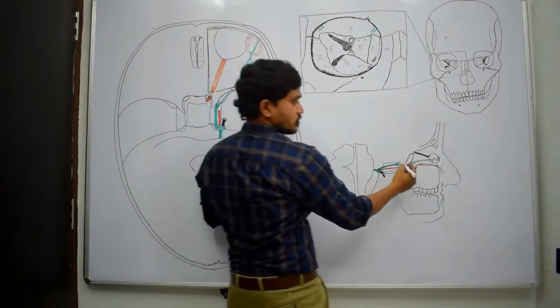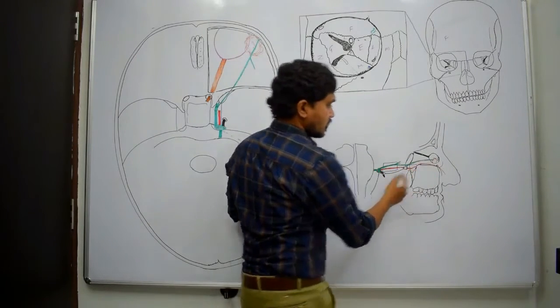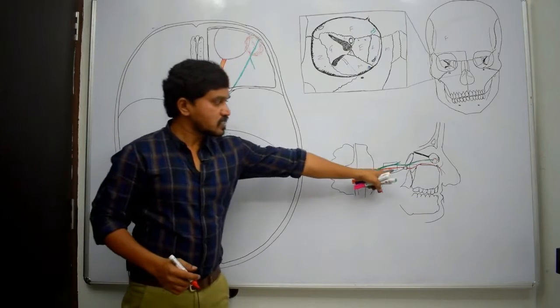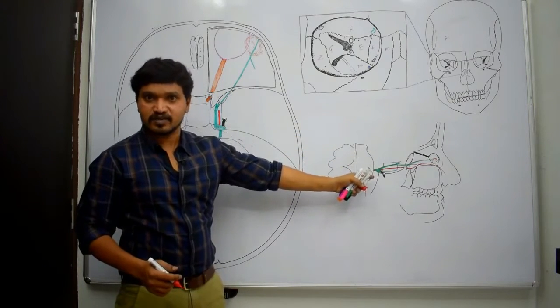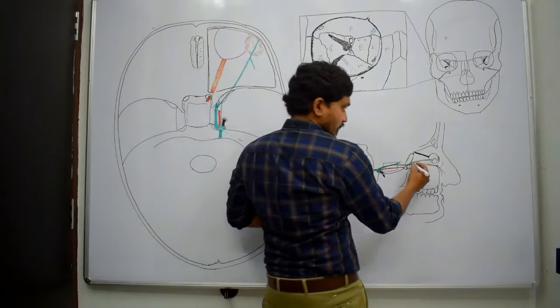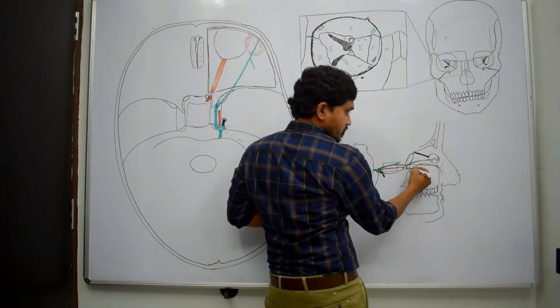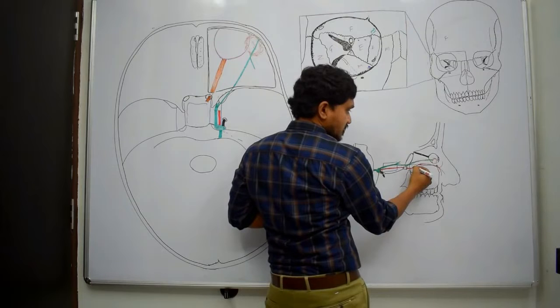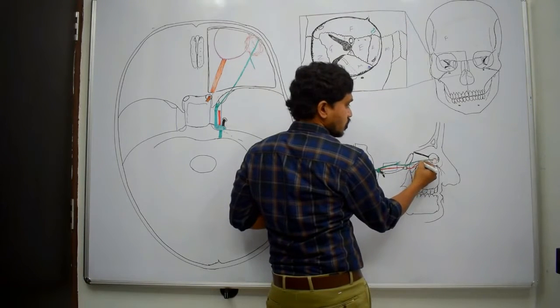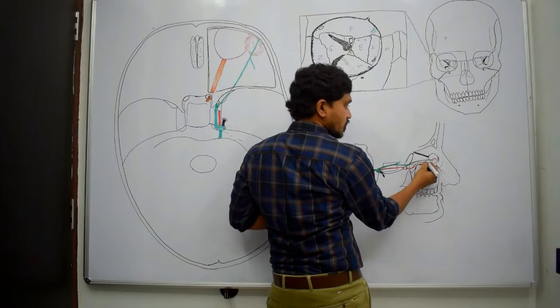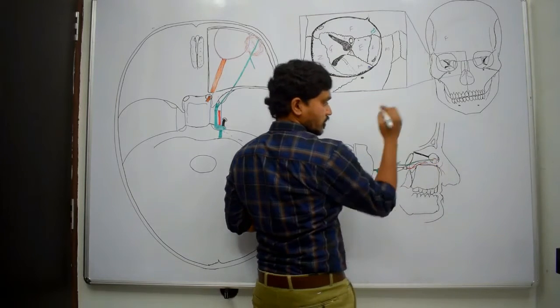So this is the course, but how will this nerve communicate with the lacrimal nerve? That is our question. In the pterygopalatine fossa, it gives one branch. That branch is the zygomatic branch. The zygomatic nerve runs along the lateral wall of the orbit outside the periosteum and divides into the zygomaticotemporal nerve and zygomaticofacial nerve.